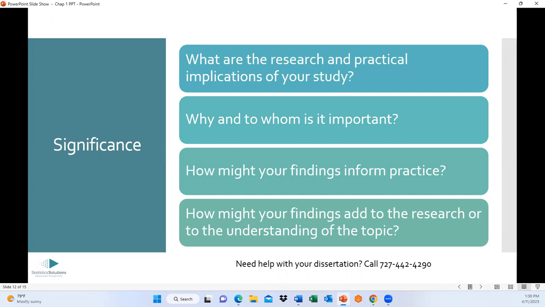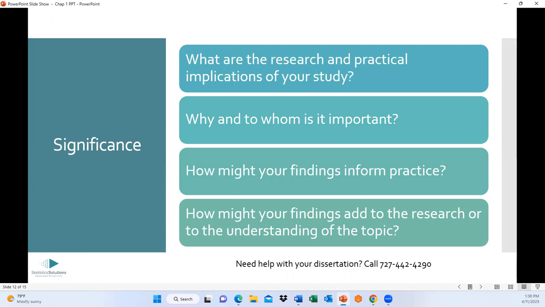It may move discussion of some topic forward. It may come at the topic at an angle that people haven't really considered before. So these are the kinds of things you want to consider when you think about how your research might contribute to the literature.